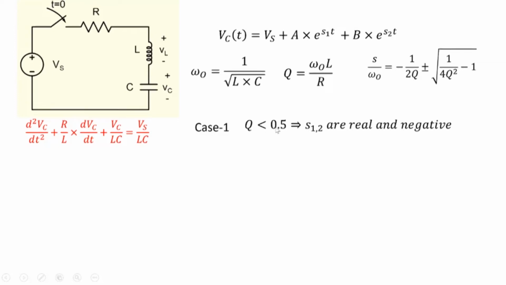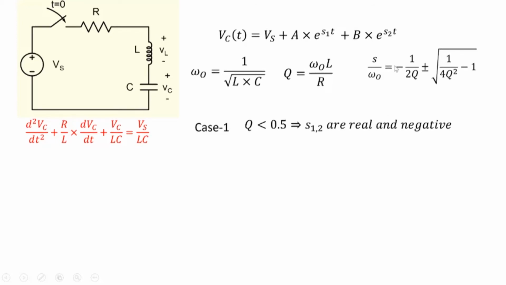Note that if Q is less than 0.5, then this term, 1 over 4Q square, is greater than 1, and therefore my square root is a real quantity. Q is anyway a real quantity, so the value of s is a real value, and it is negative.